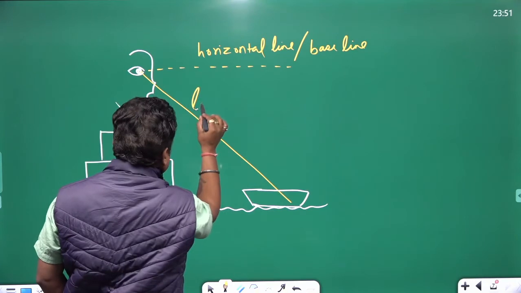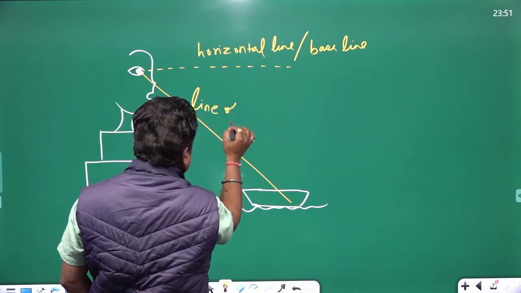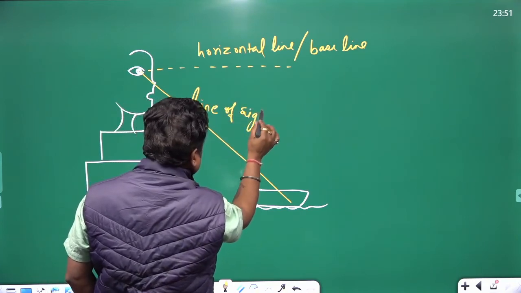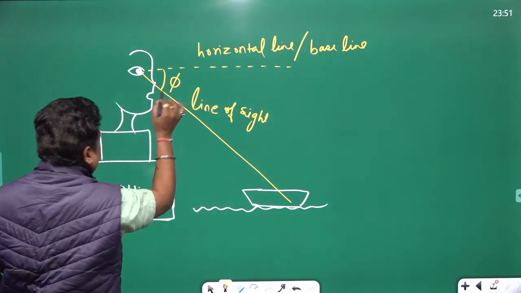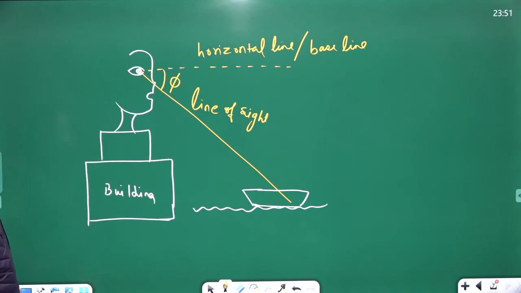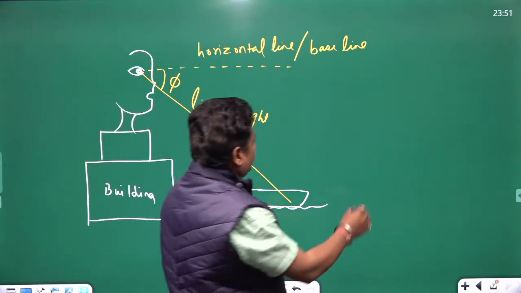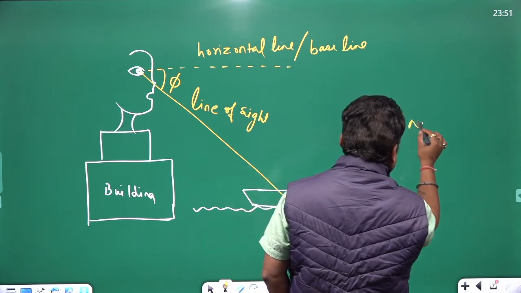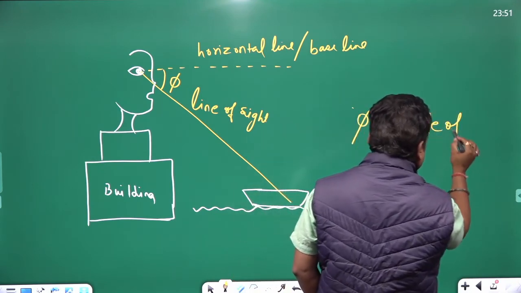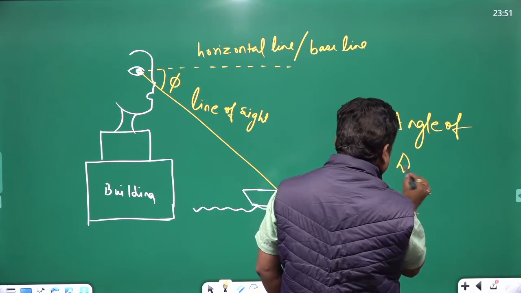This is line of sight. So this angle, let's say phi. This phi is known as angle of depression.